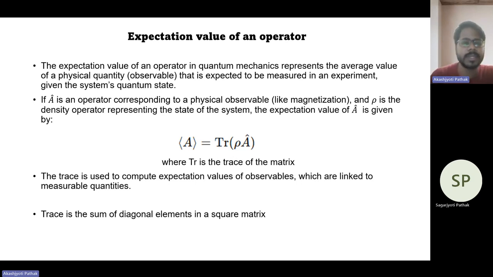The trace is used to compute expectation values of observables, which are linked to measurable quantities. And what is the trace? In mathematics, you know how to calculate the trace of a matrix. It is the sum of the diagonal elements of a square matrix. That is what is called the trace of the matrix.